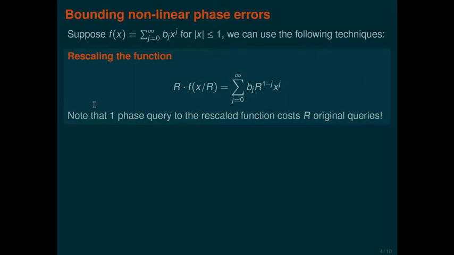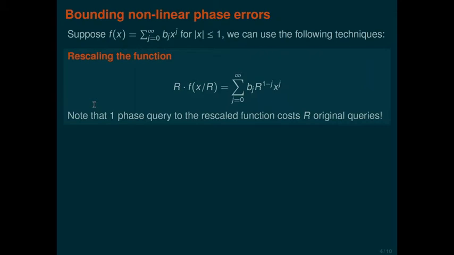I can multiply the function itself with some large number r, and also divide the variables by r. Then in the Taylor series, each term gets basically divided by a large power of r, except the constant term and the gradient itself, which remains constant.